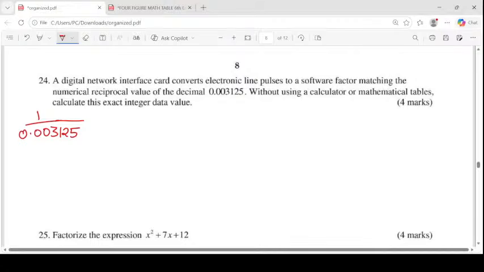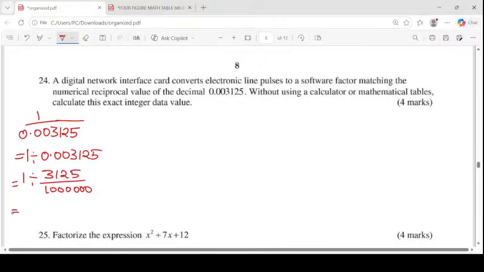So this is just like saying 1 divided by 0.003125, which is like saying 1 divided by 3125 all over 1 million, counting 1, 2, 3, 4, 5, 6 places.